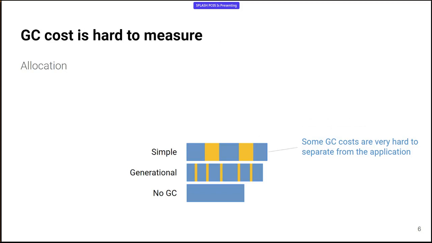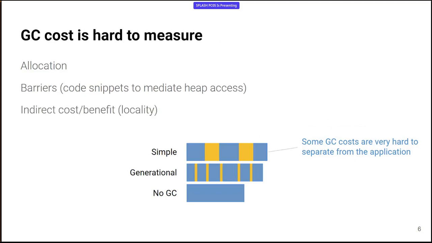So as I said, some costs are very hard to separate from the application, such as allocation and barriers and indirect costs such as locality. All right. And if you've got concurrent GC, you've also got things happening in the background, which not only consume CPU cycles, but also may perturb caches and whatnot. Okay, so there are lots of things that you can't simply measure by starting and stopping a stopwatch.